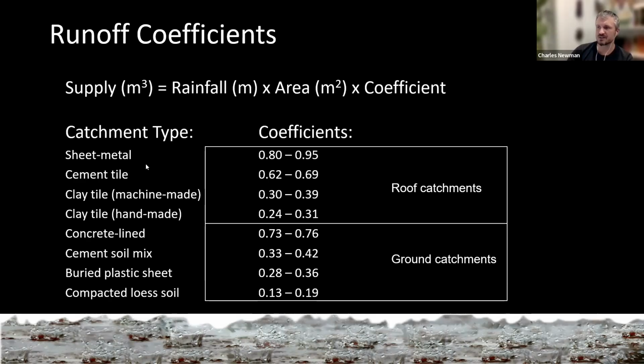So you can imagine if there is a clay tile roof, a lot of that water might actually seep into the tile itself before being shed off the roof. With another material, evaporation could be a factor. So you will have to read through the prompt and determine what your coefficient is to factor into your calculations here.